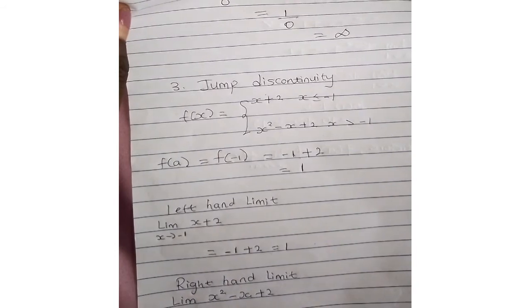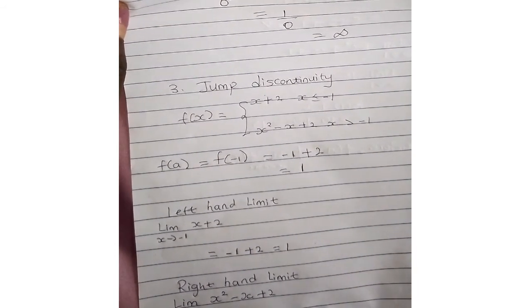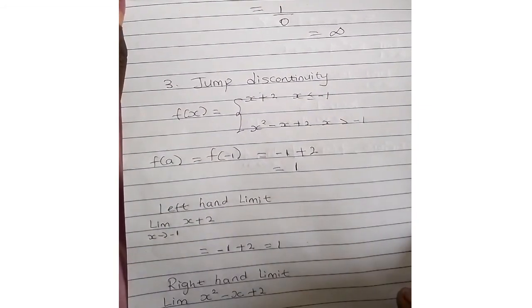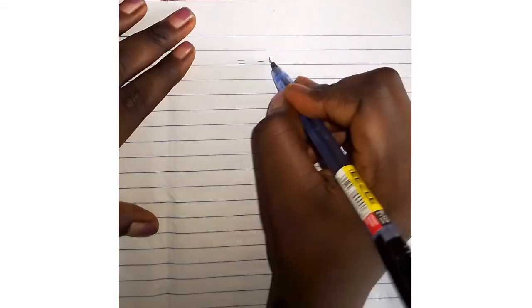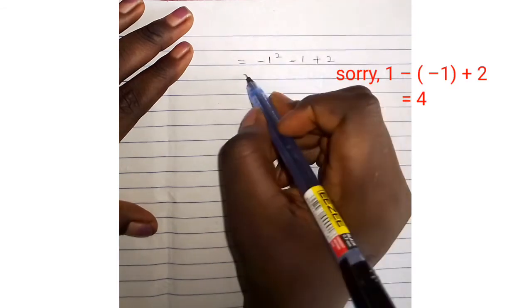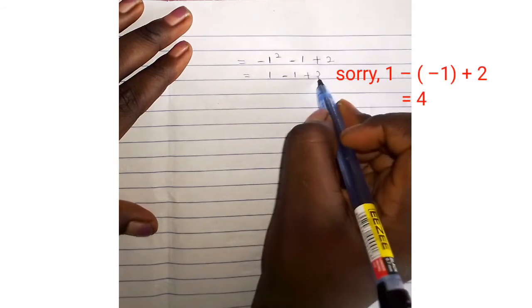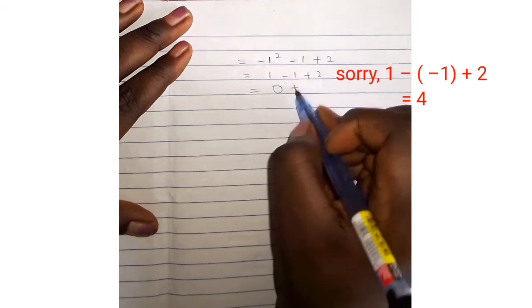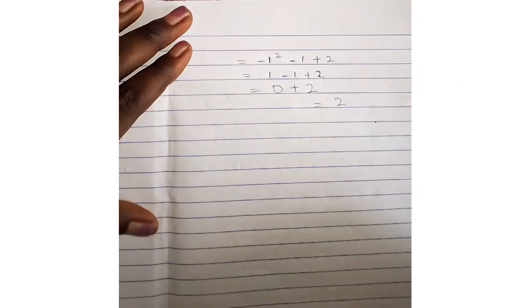In this case, we are going to have minus 1 squared minus 1 plus 2, which is 1 minus 1 plus 2, which is 0 plus 2, which is equal to 2.